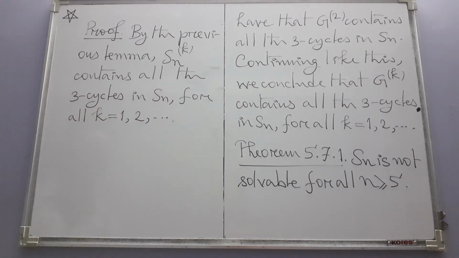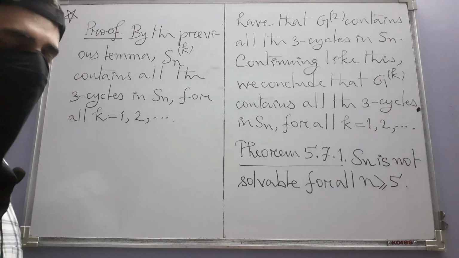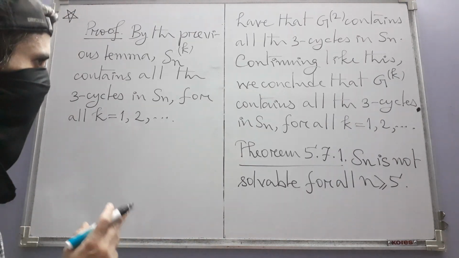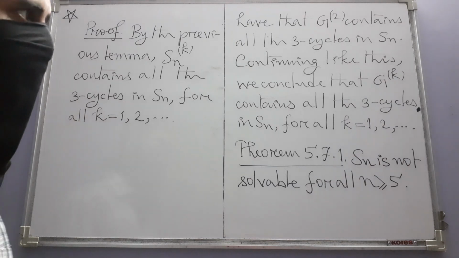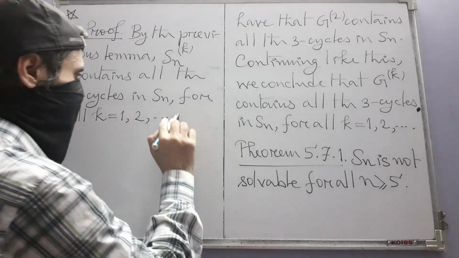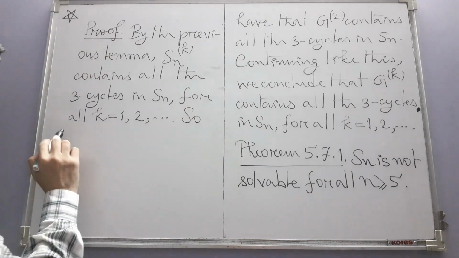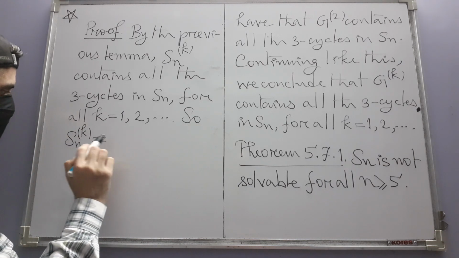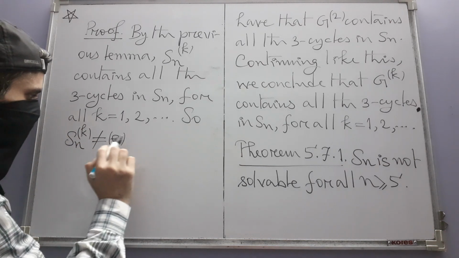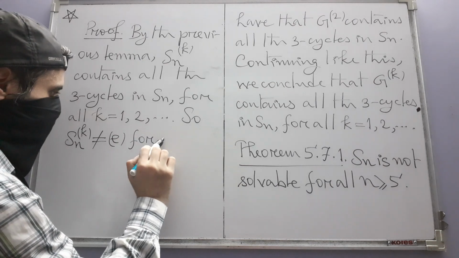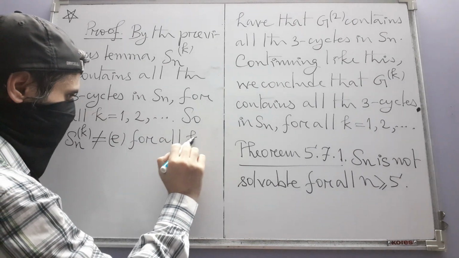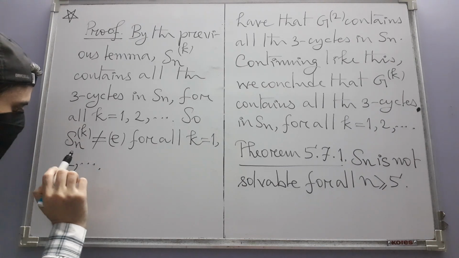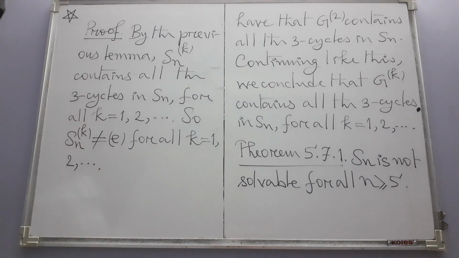But then definitely Snk cannot be trivial for any k, because the trivial group of course does not contain all the three cycles. It in fact contains none. So Snk is non-trivial for all positive integers k, and so no Snk is trivial.